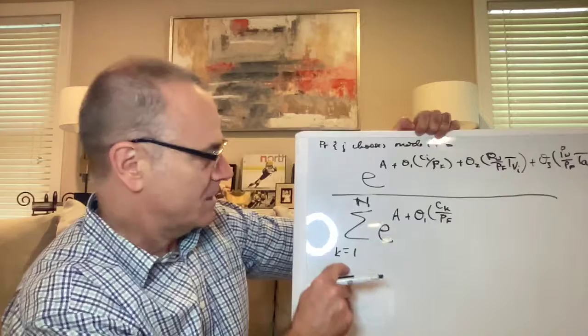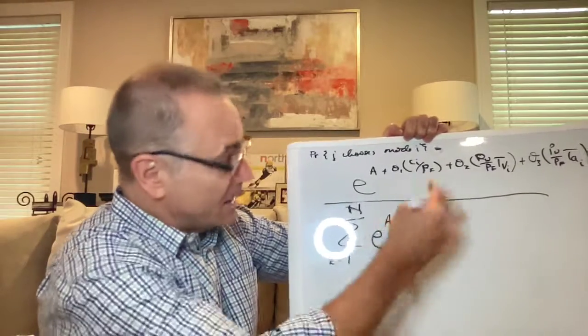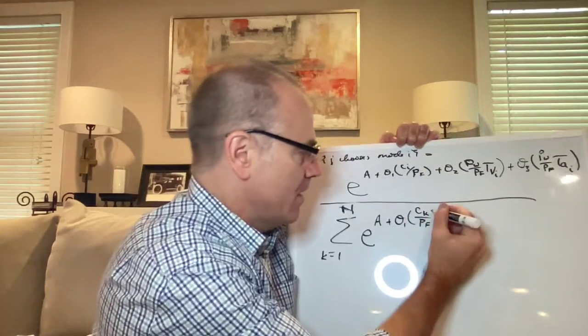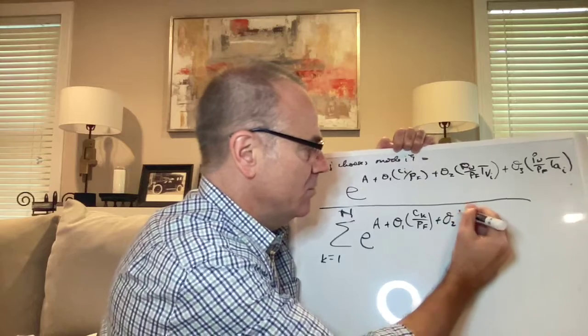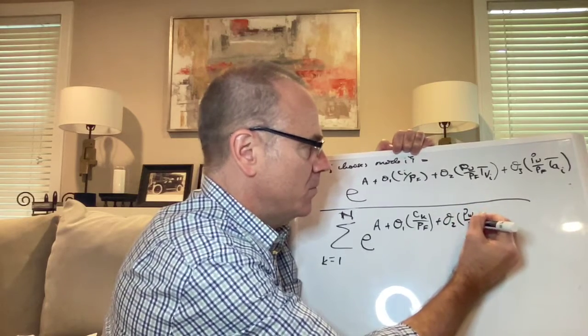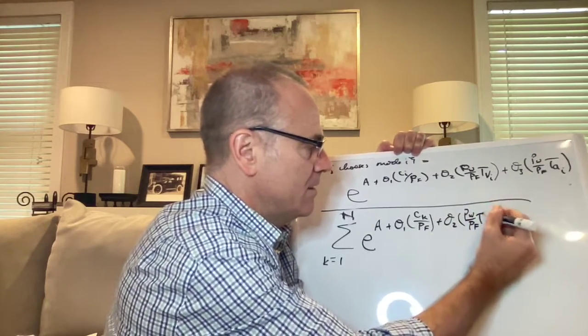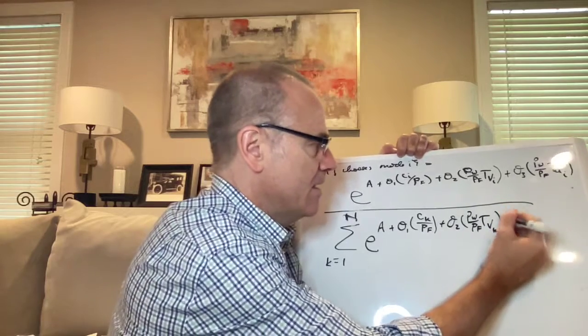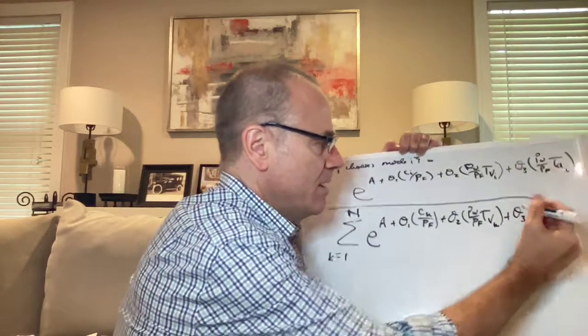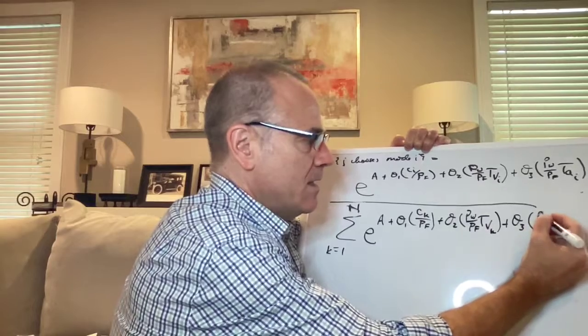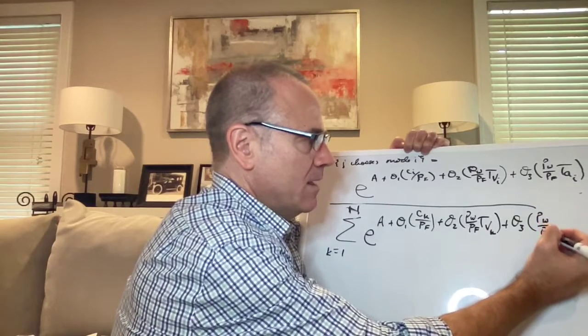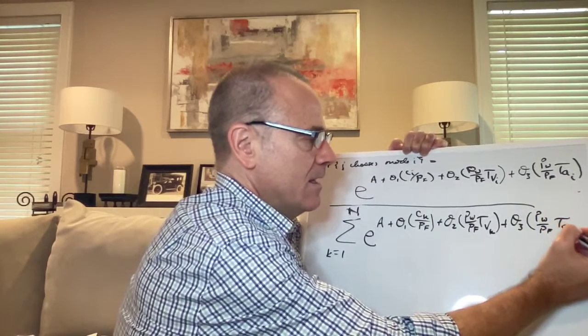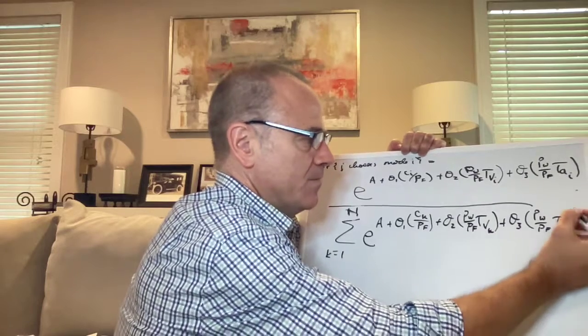So we're going to sum it over all of them. One of these K's will be I, plus theta 2 P_W P_F TV_K plus theta 3 P_W P_F TA_K.